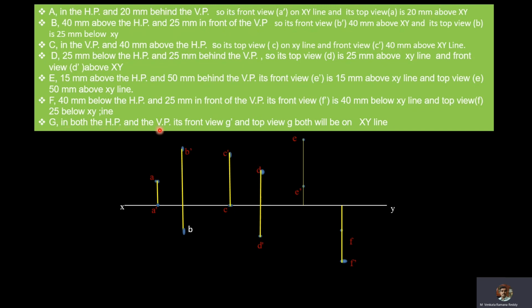G in both HP and VP, its front view G dash and top view G both will be on the XY line. Here, the gap between two consecutive projectors, that is A to B, B to C, C to D, D to E, E to F, and F to G, is 25 mm.